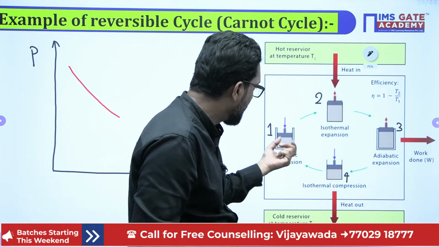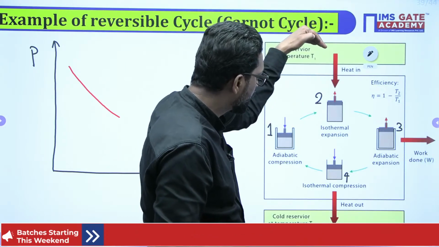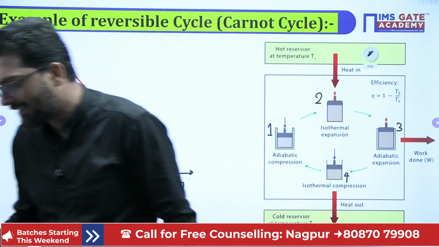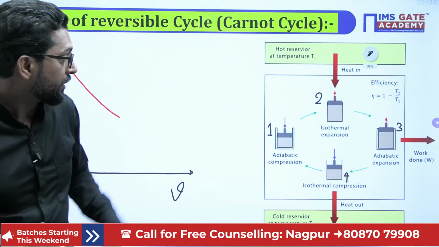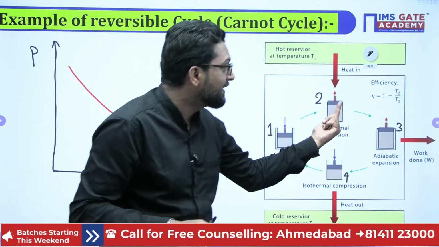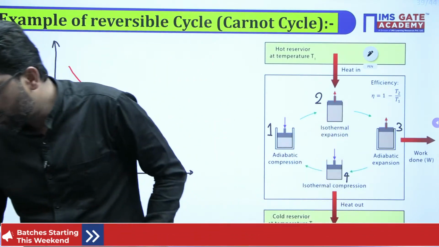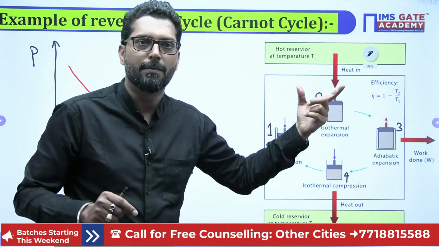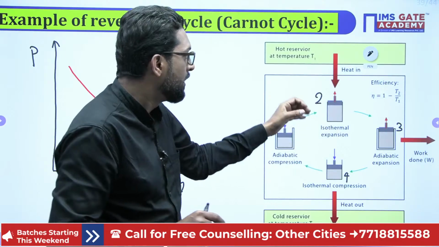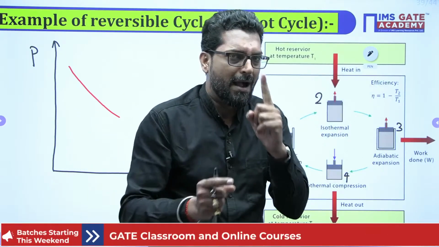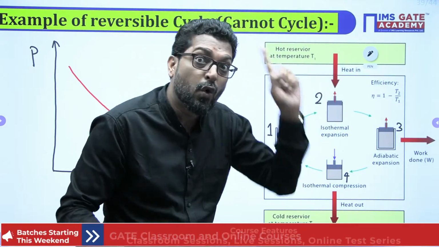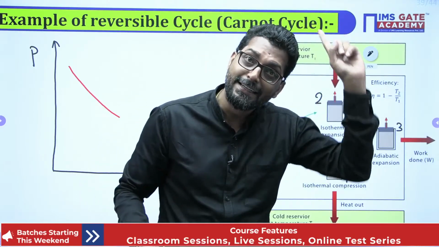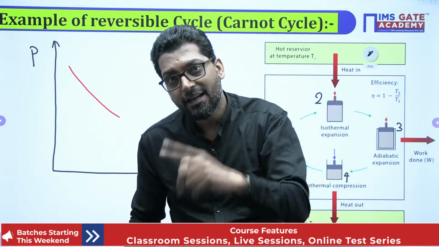That means after the compression you supply heat to it, okay? That heat is supplied in a reversible manner, totally reversible. Mind it, the Carnot cycle is a totally reversible cycle. That means it is both internally and externally reversible.